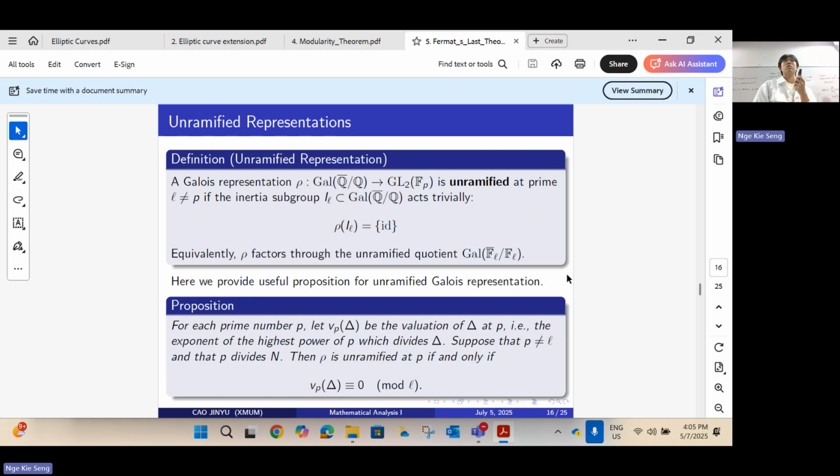It's the inertia group. Why do you keep that, actually? Sorry, I didn't hear you clearly. Is there only one inertia group or more than one? I guess it's the only one. Guess. Yeah. Okay.